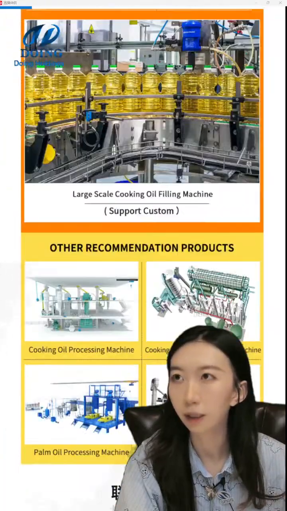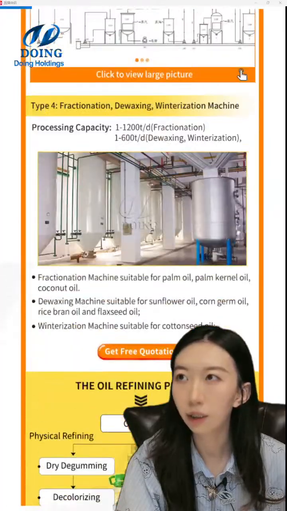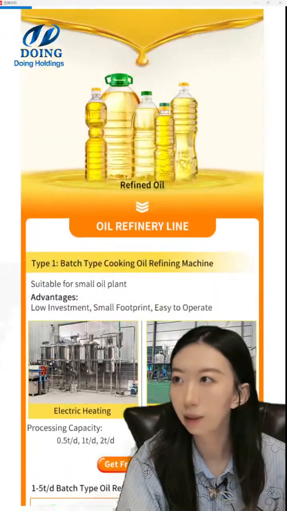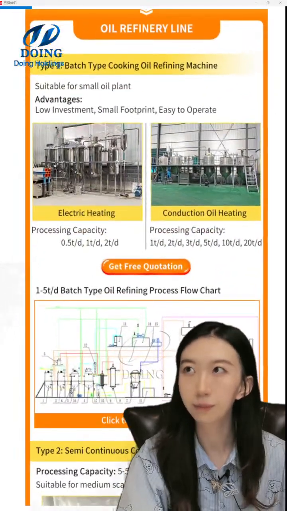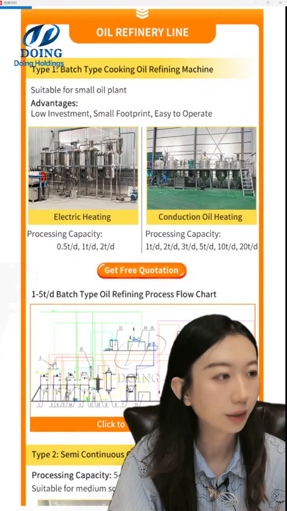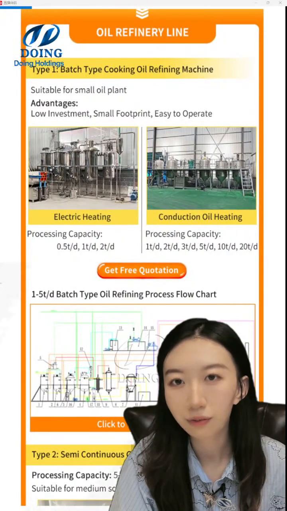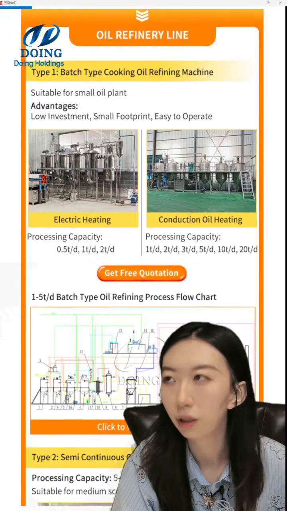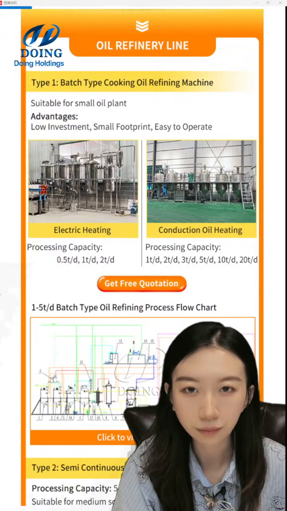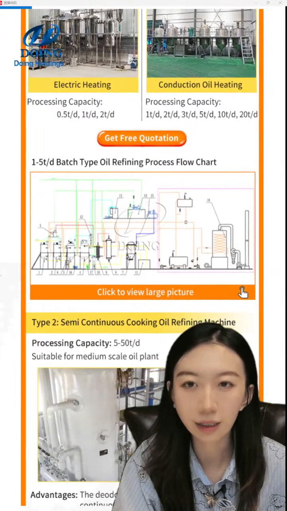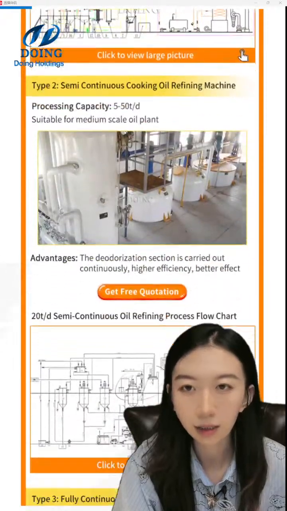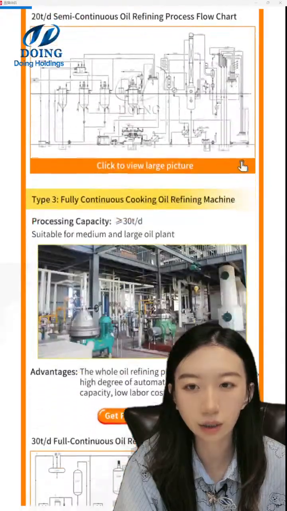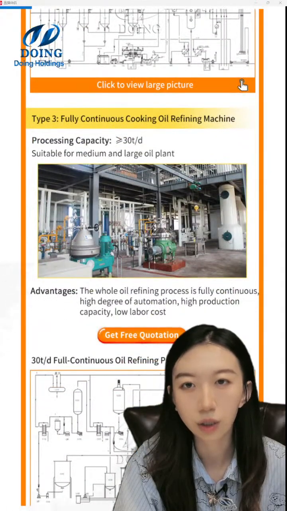Okay, let me talk about our equipment again. This part is our refining line. Our refining equipment, we have 3 kinds. The first is batch type refining machine. The second type is semi-continuous refining machine, and the third is a fully continuous refining machine.